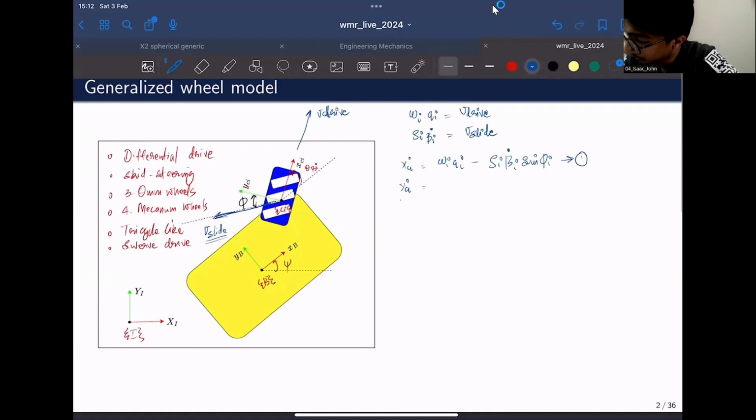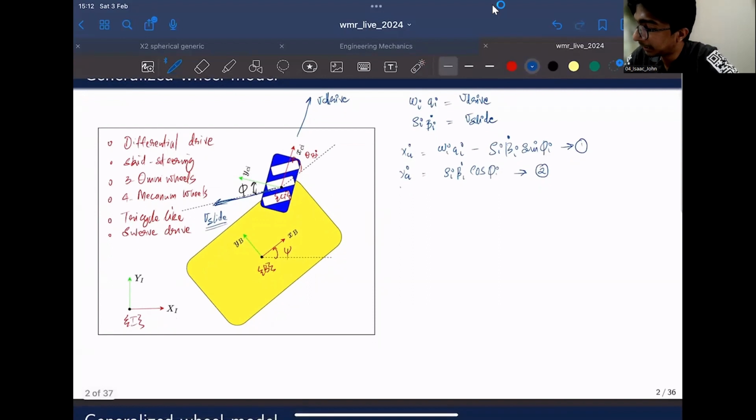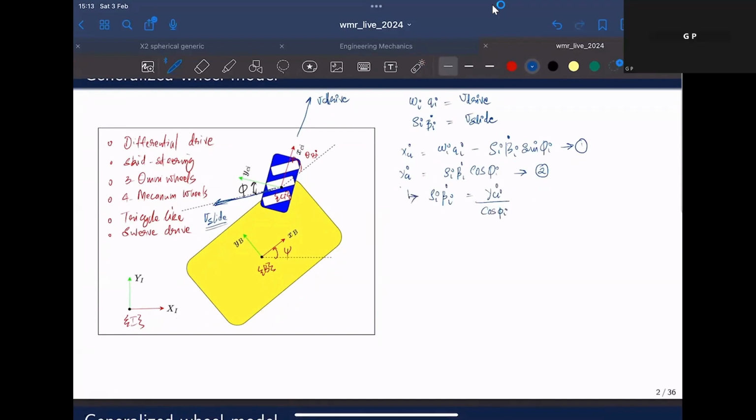That will be rho I beta I dot cos phi I. I label this as equation 2. From 2, I'll simply rewrite rho I beta I dot as YCI dot by cos phi. I label this as equation 3.